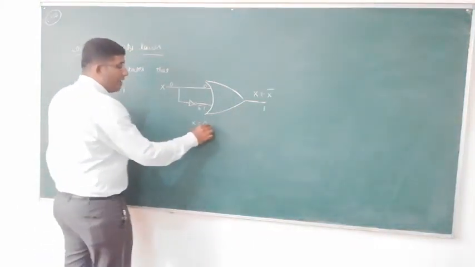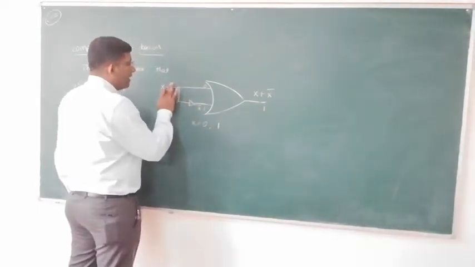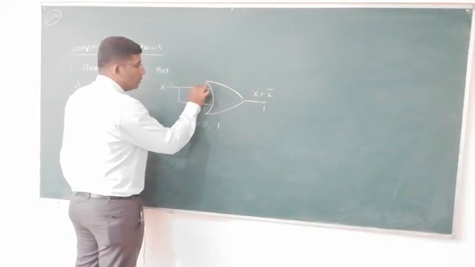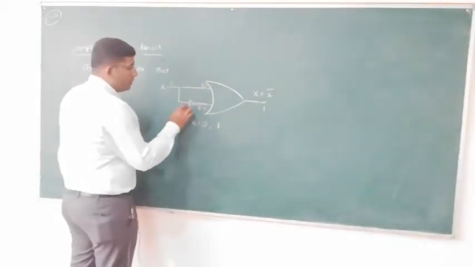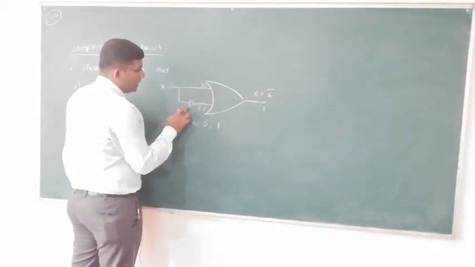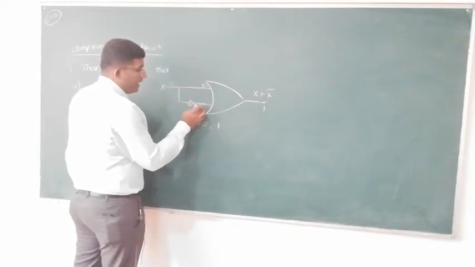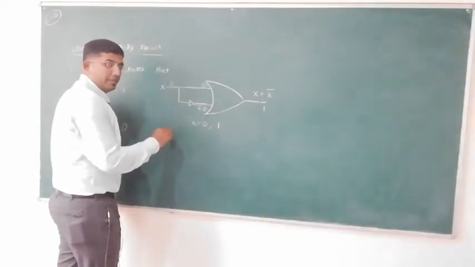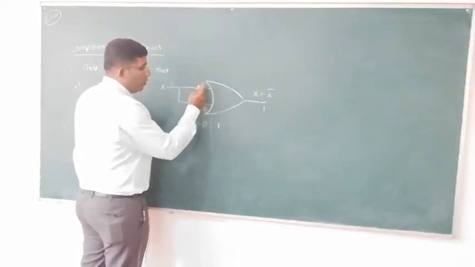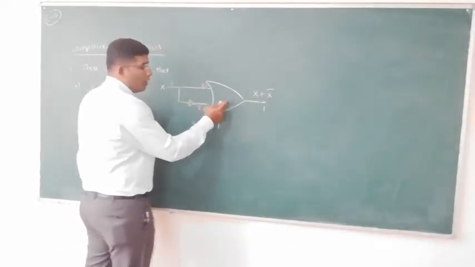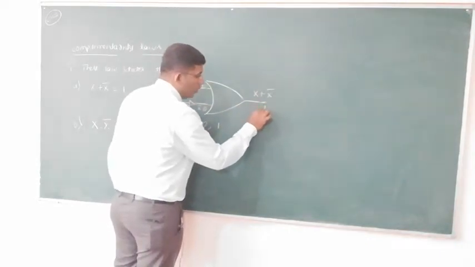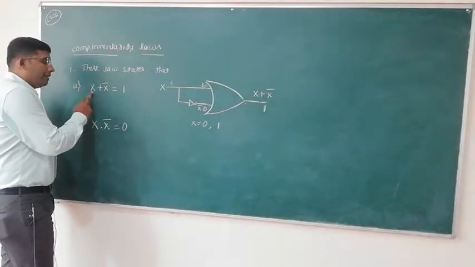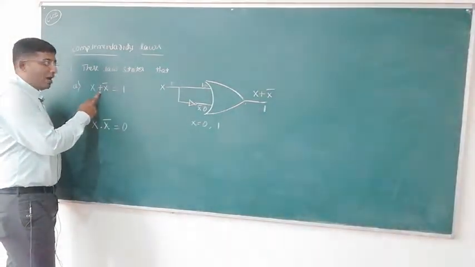If I consider the value of x as 1, the first input is 1, and the 1 is given to the NOT gate, which complements it, so 1 becomes 0. Now the inputs are 1 and 0, and the output of the OR gate is 1. Hence it is proved that if x and its complement x bar are used with an OR gate, we get 1.